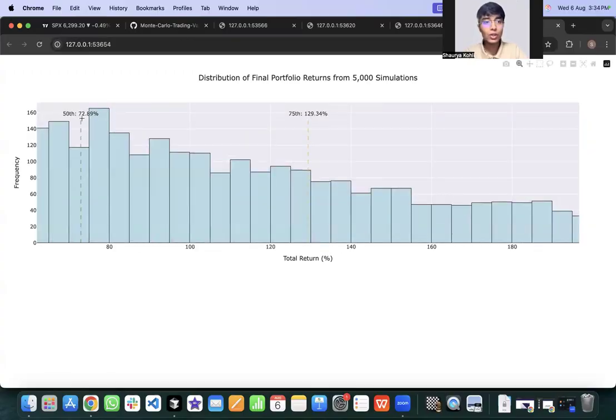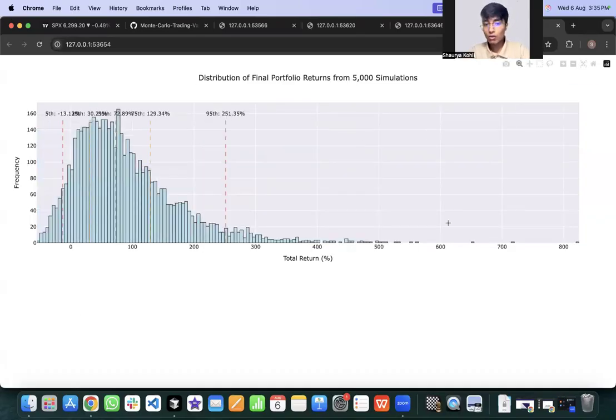So over here, we are 50-50 to get 72% or 73% more in the trade. And we are 75% confident that we can get 129% plus. So in this we'll try to give you an overview about how much the total return or the frequency could be to get the total returns.